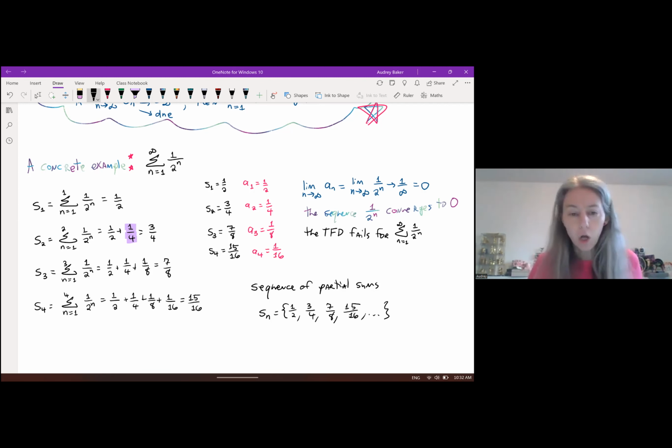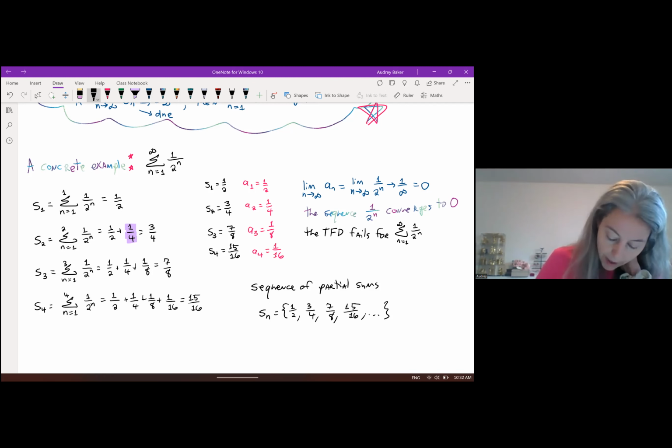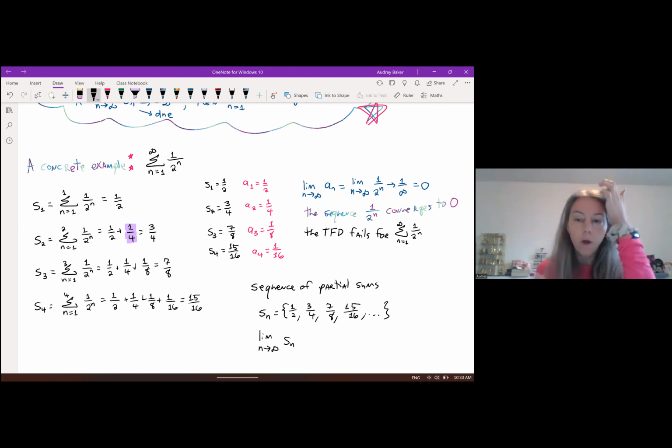So what does it look like is happening to the sequence? In other words, if I evaluate the limit as n approaches infinity of S sub n, what's happening to the values here? Well, we have 1/2, then 3/4, then 7/8, then 15/16. It looks like these values are getting closer and closer and closer to 1.